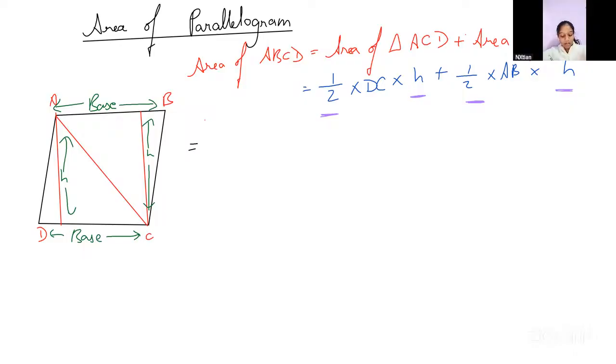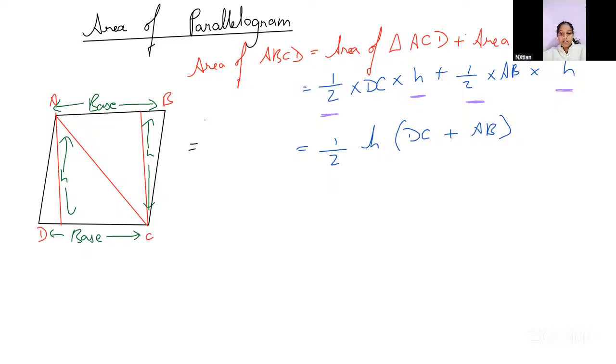So the formula becomes 1 upon 2 height, which we take common, into DC plus AB.